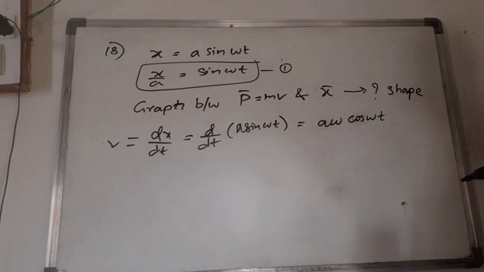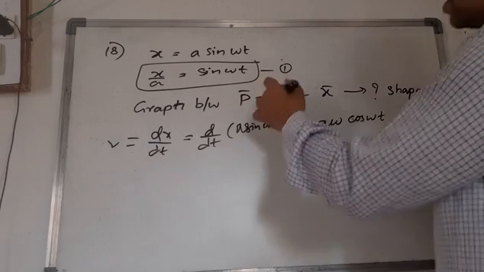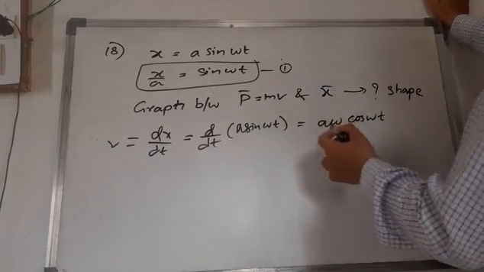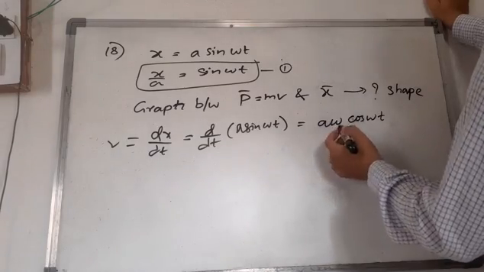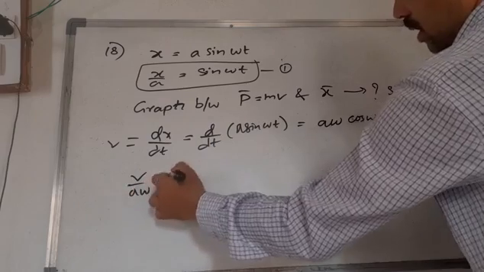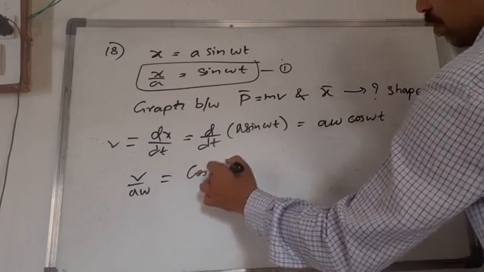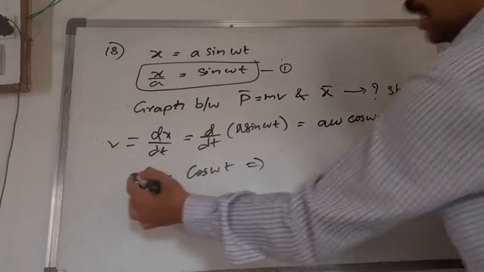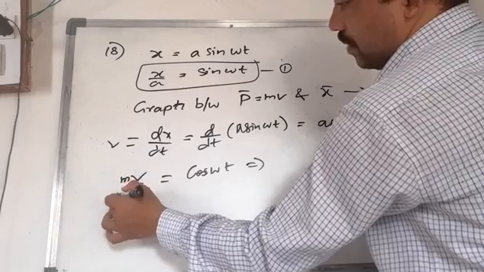So next, what we want is momentum. So how to get the momentum? Just cross multiply this a omega to that side. We get v by a omega is equal to cos omega t. Okay, so I am multiplying with m and dividing with m.